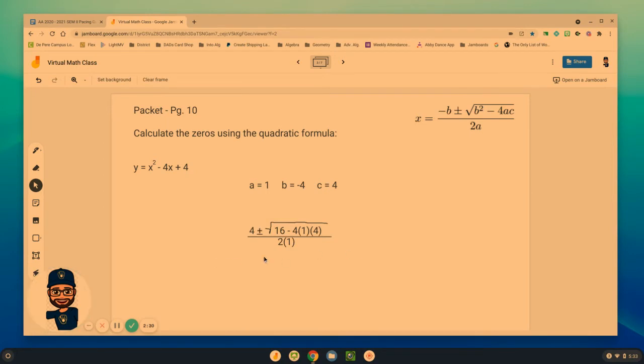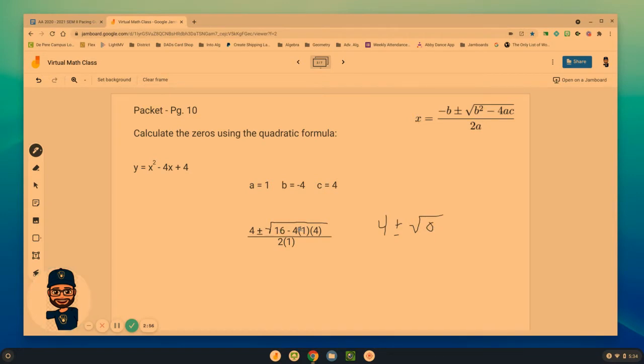All right, plugging it in. The opposite of b becomes positive 4 plus or minus the square root of b squared, which becomes 16, minus 4 times a times c, all over twice a. We get 4 plus or minus the square root of 0, right?